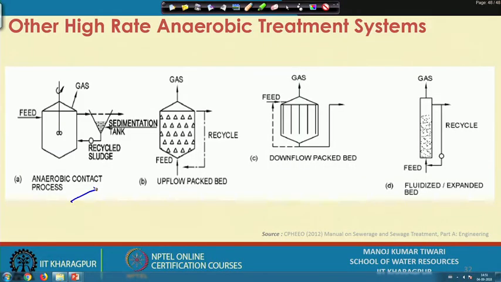We did see there are suspended growth systems, packed growth systems, and so on. The upflow anaerobic sludge blanket or UASB reactor we discussed in the previous lecture, but the other common processes that industries sometimes use are the anaerobic contact process, the upflow packed bed process, the downflow packed bed process, and the fluidized or expanded bed processes.